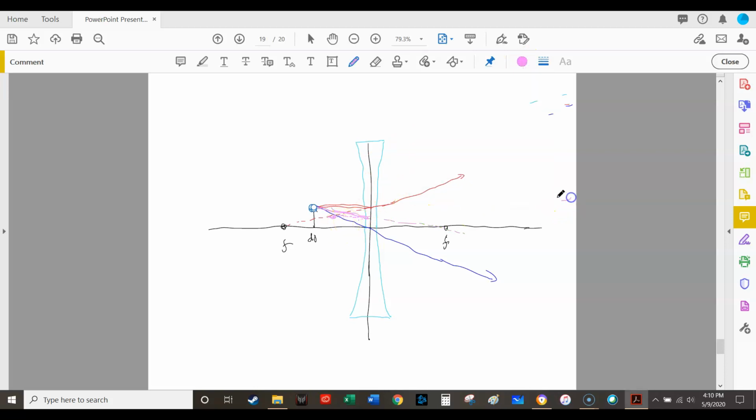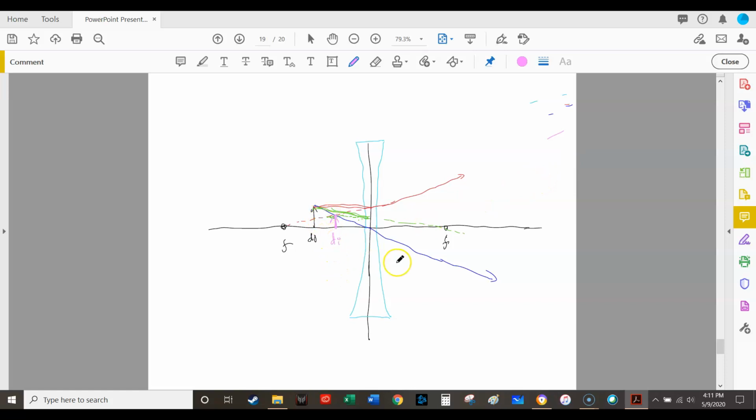Okay, and so here is where the image will form. It'll be a nice little pink guy, and that is the image distance.